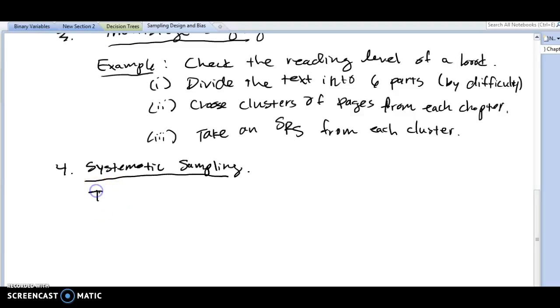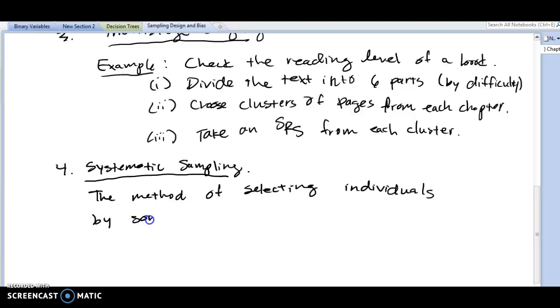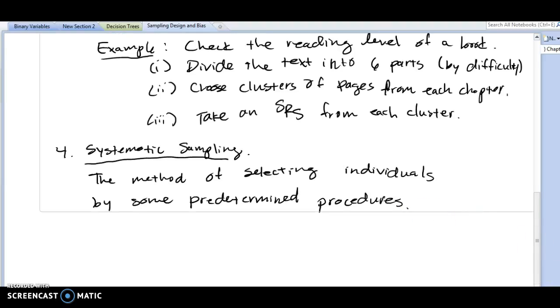So, the method of selecting individuals by some predetermined procedure. You might not guarantee that you're going to get all the attributes you would like in your sample. The advantage of systematic sampling is it's often very cheap.